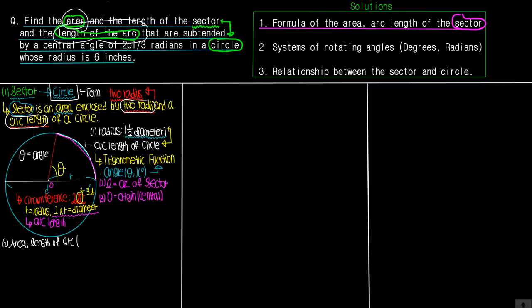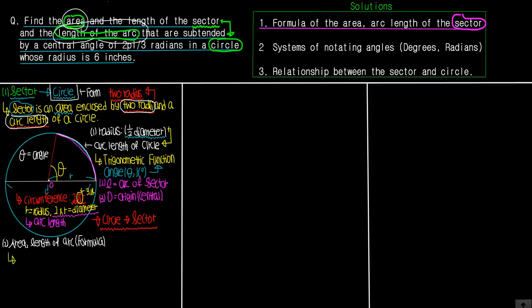So the formula for our area and arc lengths. And we might prove it through our relationship with the circle. The circle has a specific relationship with our sector.